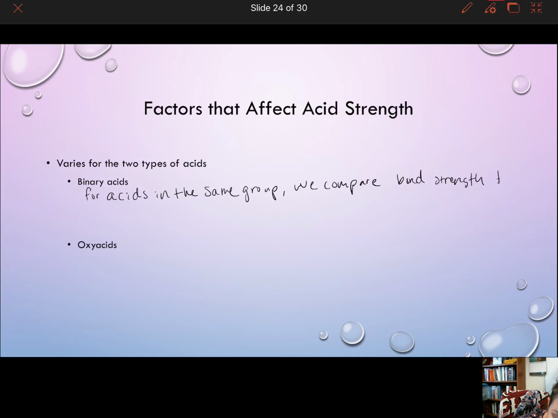So we're looking at an HA bond. And our binary acids are those HA acids we've looked at, where A is a single element ion, or anion. Okay. So the stronger the bond, the weaker the acid.